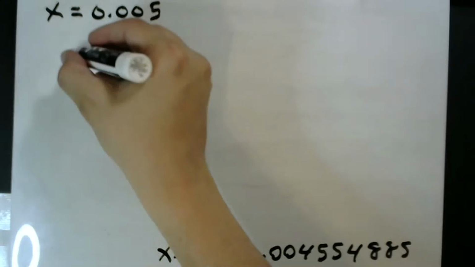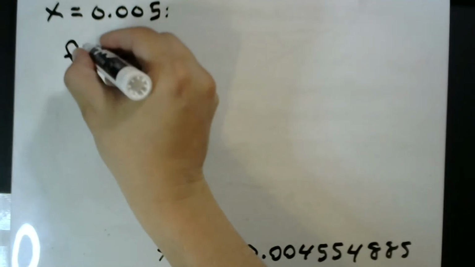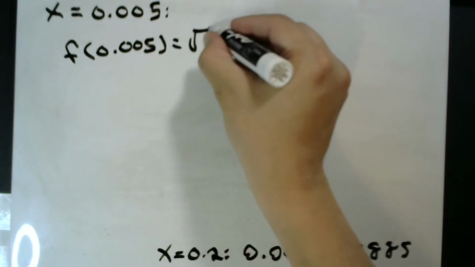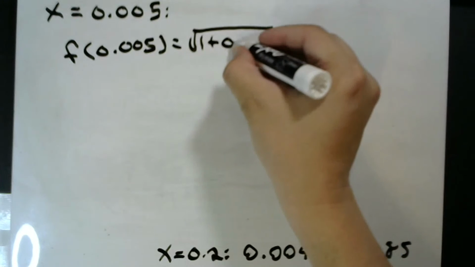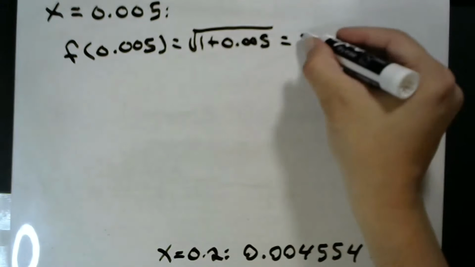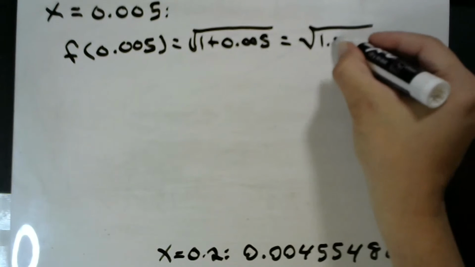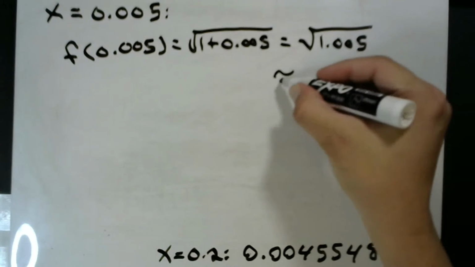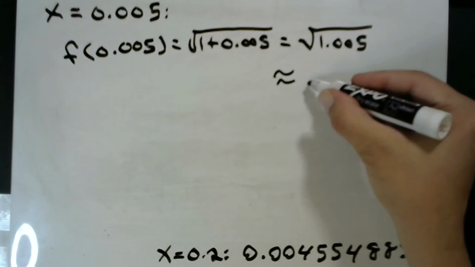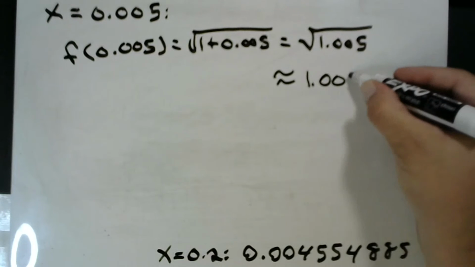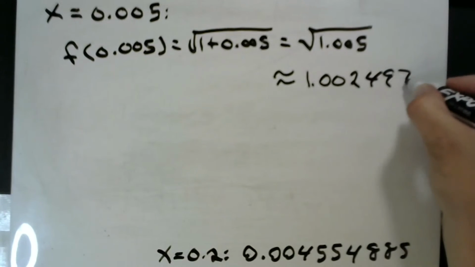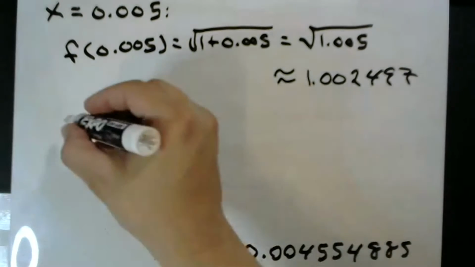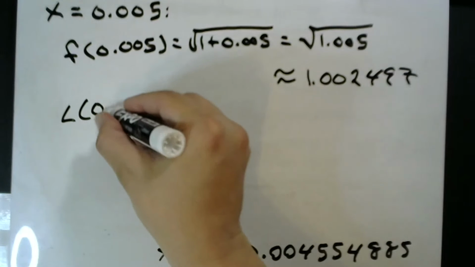Now, in this case, f of 0.005 or 5 thousandths will be 1 plus 0.005, or the square root of 1.005. And this is approximately, that was that other number, 1.002497. So now let's take a look at our approximation, L of 5 thousandths.